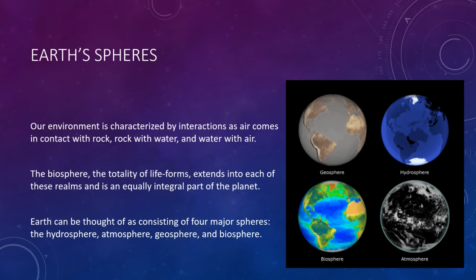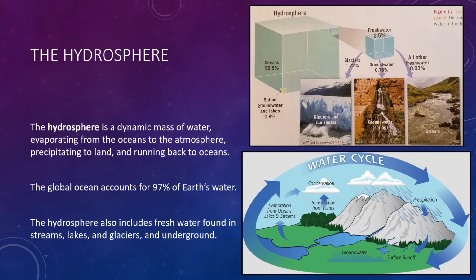Moreover, the biosphere, which is the totality of life forms on our planet, extends into each of these 3 physical realms and is equally an integral part of the planet. Thus, Earth can be thought of as consisting of 4 major spheres: the hydrosphere, the atmosphere, the geosphere, and the biosphere. So let's take a look at each one of these.